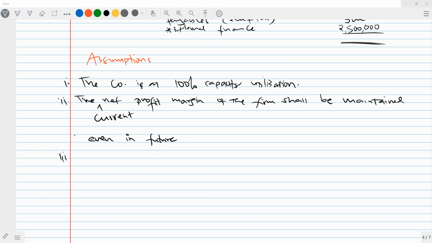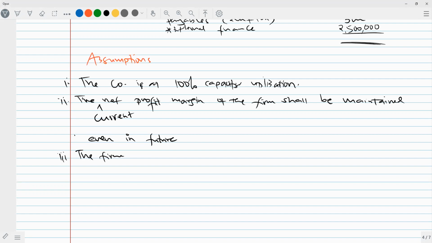In some cases, the examiner can tell you to use long-term, but conventionally, since this is a short-term capital need, because you want to increase the sales in the next 1 year, we shall be financing it using a short-term source of finance as opposed to long-term capital sources.